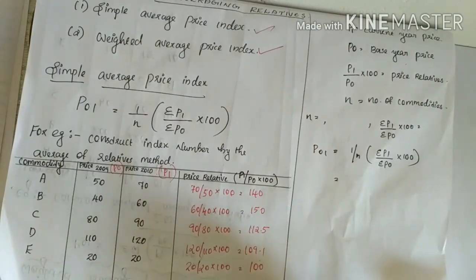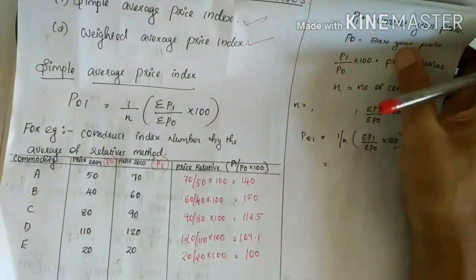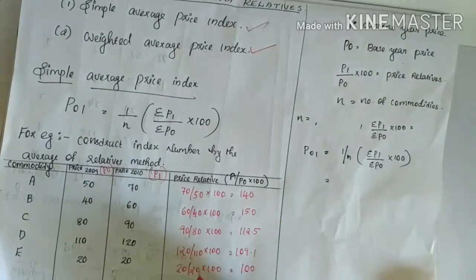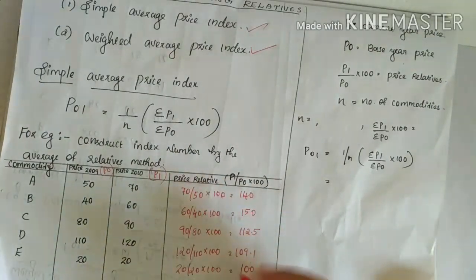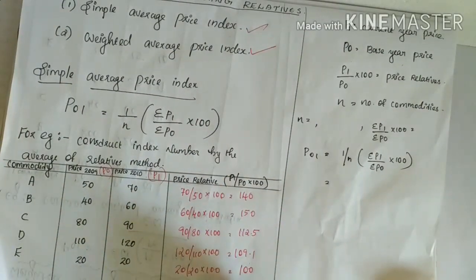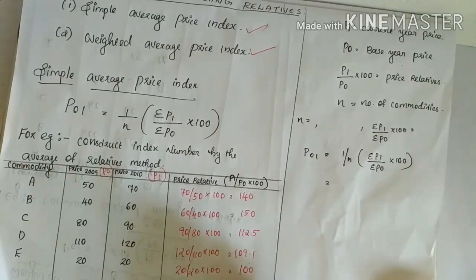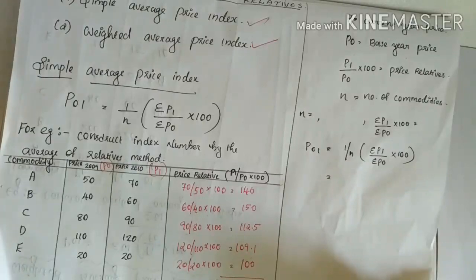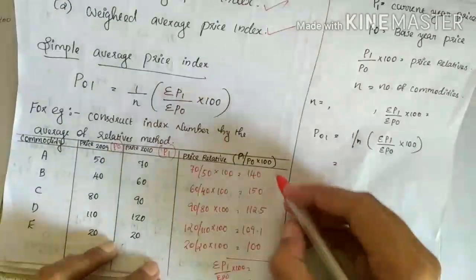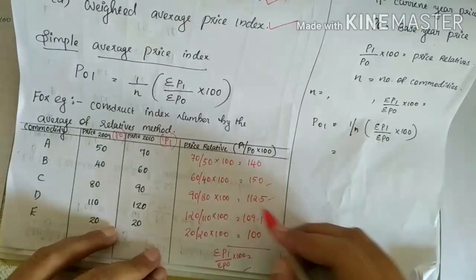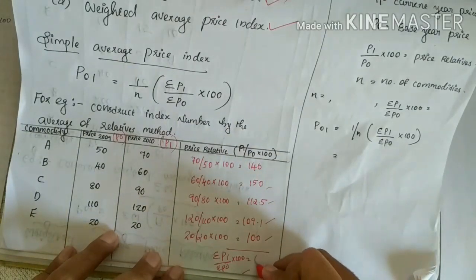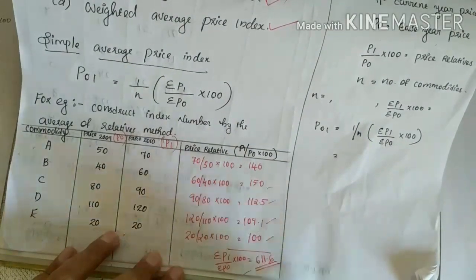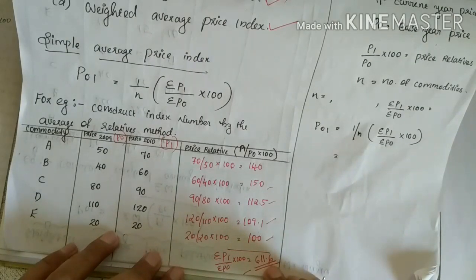After finding the price relatives, P1 divided by P0 into 100, the next step is to calculate the sum of P1 divided by P0 into 100. That is the total of this column. The total is 140 plus 150 plus 112.5 plus 109.1 plus 100, and the answer is 611.6.